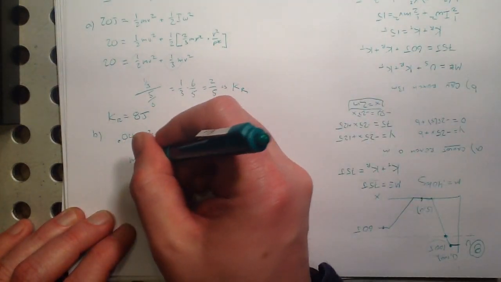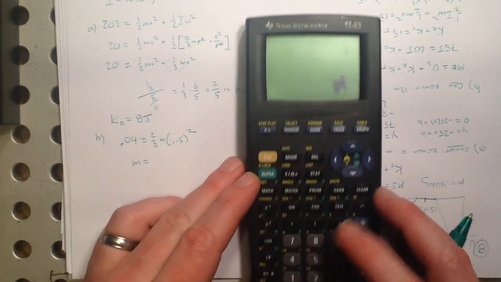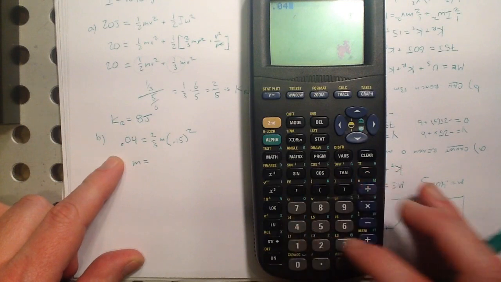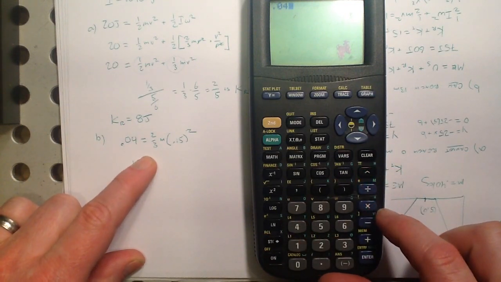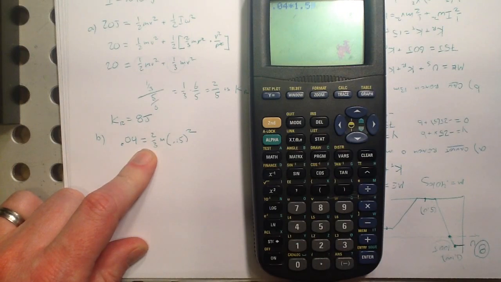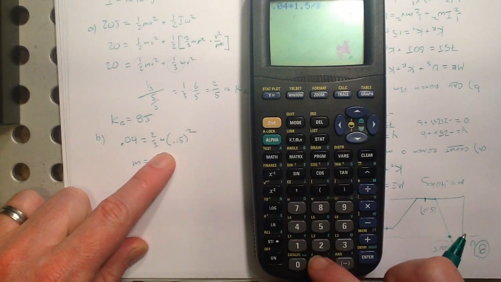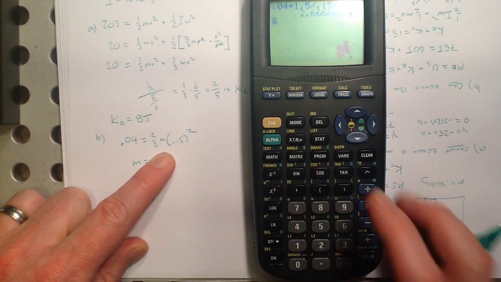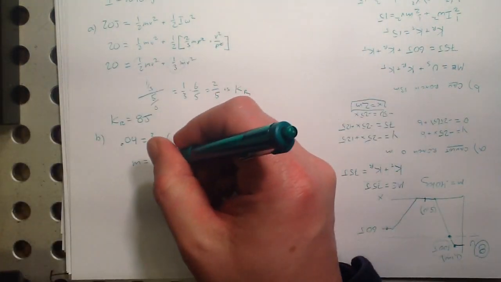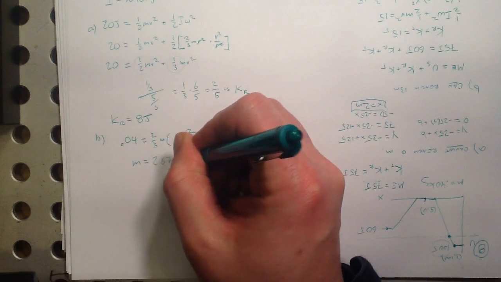So I'm going to solve that for m. So 0.04 divided by 2/3 is the same as times 3/2, and divided by 0.15 squared. So the mass, it looks like, is 2.67 kilograms.